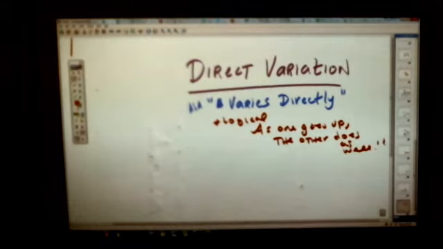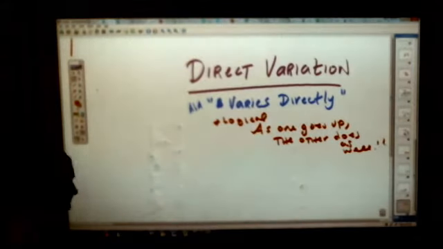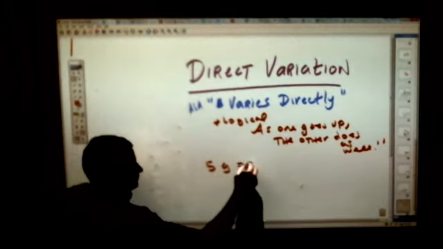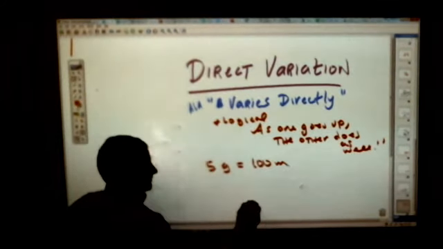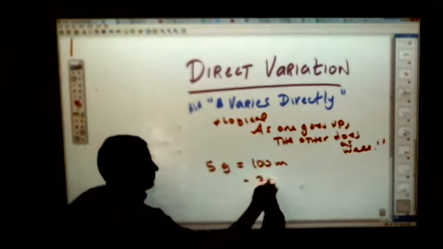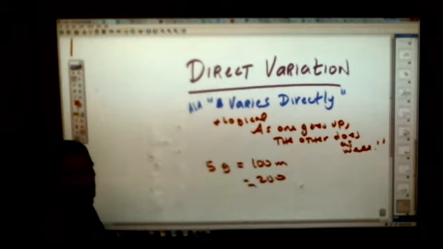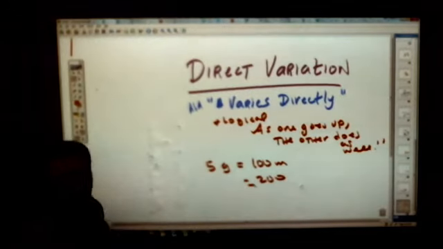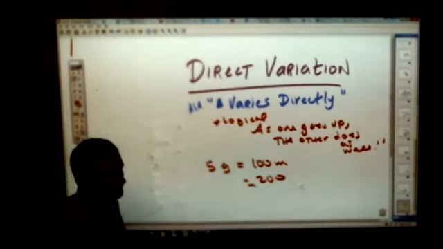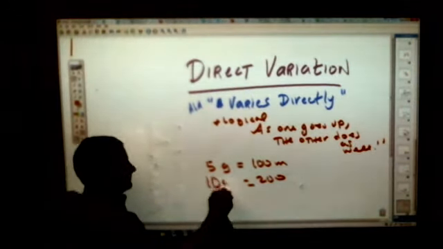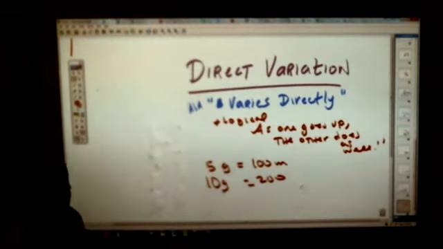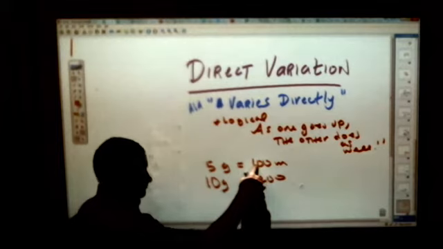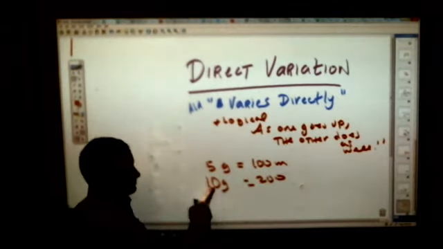Your gas mileage will stay the same. If you use 5 gallons and you went 100 miles, if you went 200 miles, how many gallons do you suppose you'd use, Joseph? 10 gallons. That is direct variation, because as this number went up from 100 to 200, 5 went up from 5 to 10.